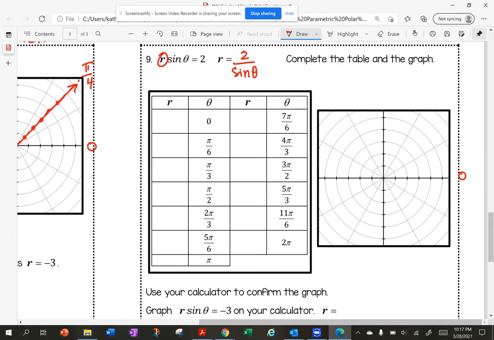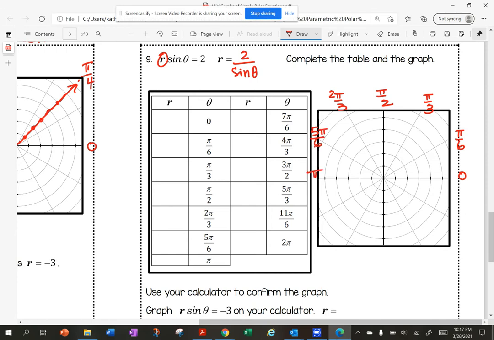These are 30 degrees. 30 degrees is pi over 6. So here is pi over 6. Pi over 3 is 60 degrees. Pi over 2 is 90. This is 2 pi over 3. 5 pi over 6.